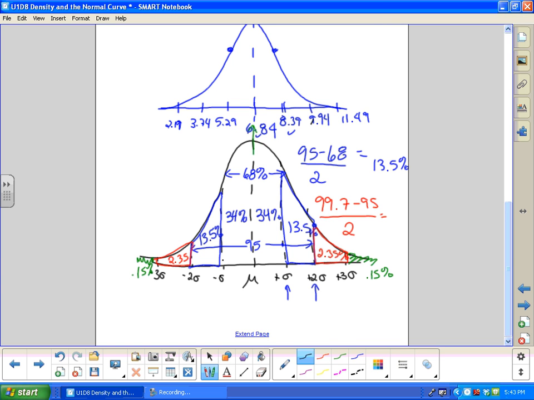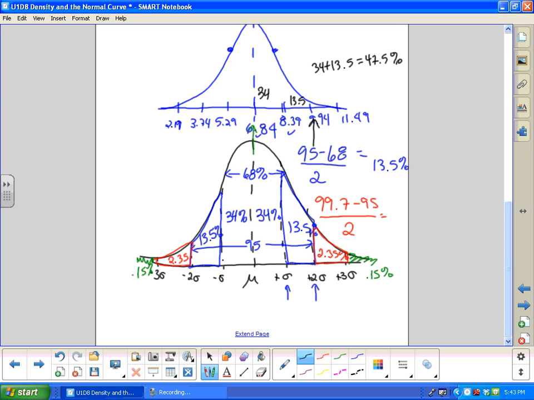My green marker is not working for me. Then all you'd have to do is come down here and say, okay, this is going to be 34% plus 13.5%, which is equal to 47.5%.